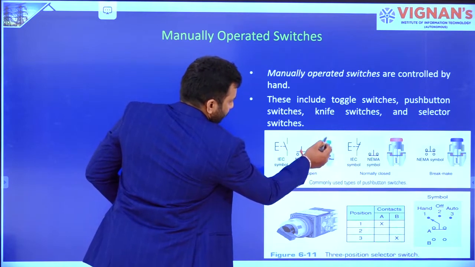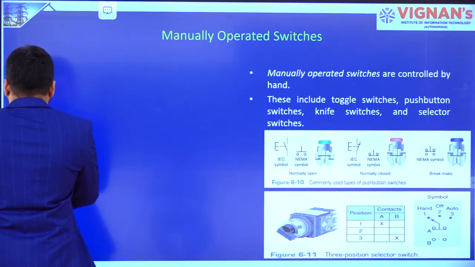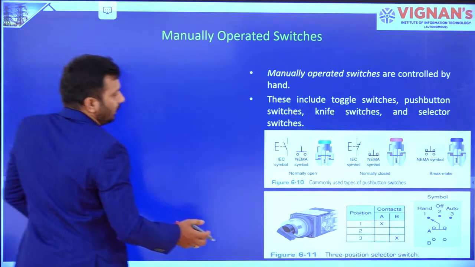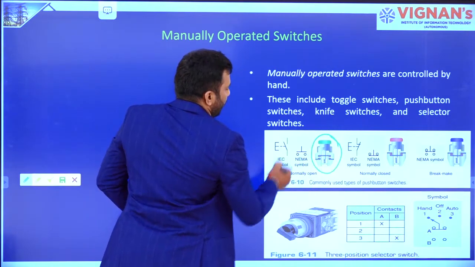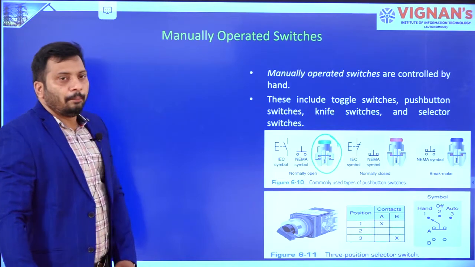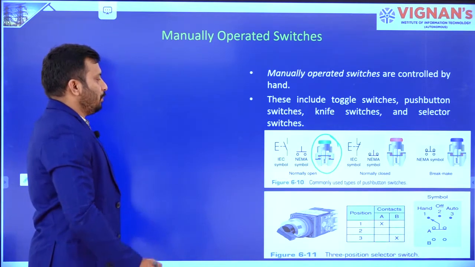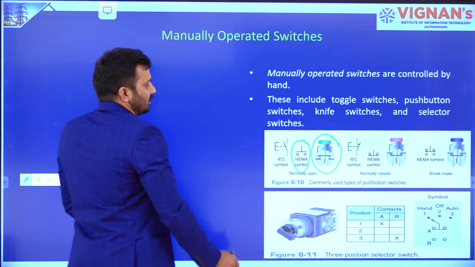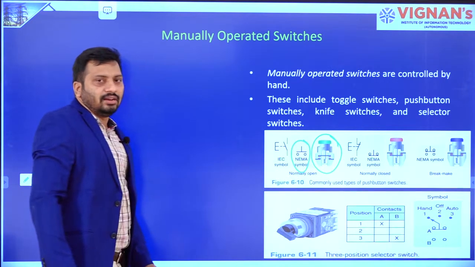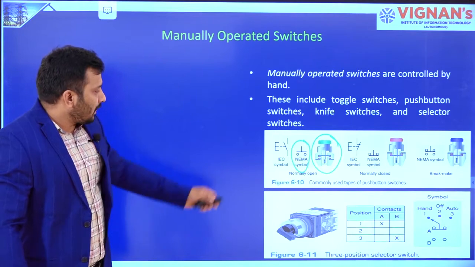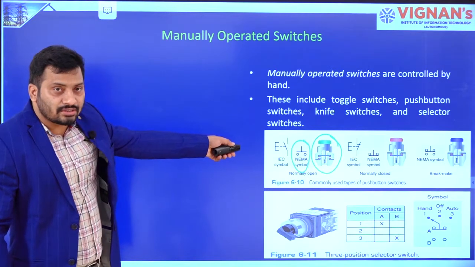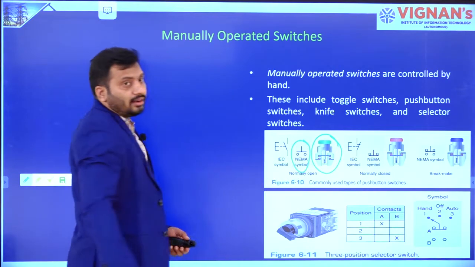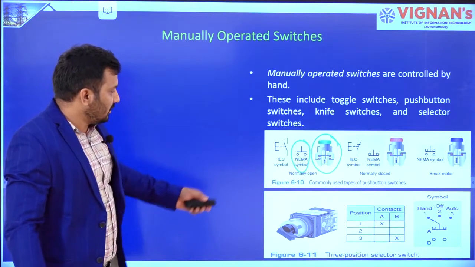You can see here, this one is the normally open push button. This is the symbol for the normally open push button. This is one standard symbol, the National Electrical Manufacturers Association symbol, and this one is the International Electrotechnical Commission symbol.